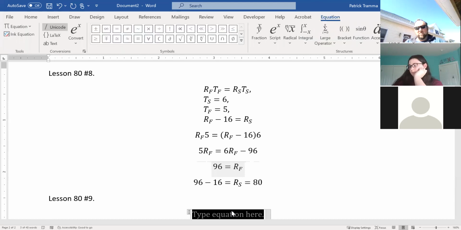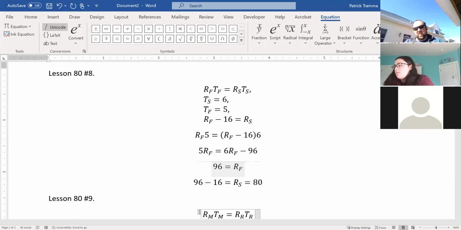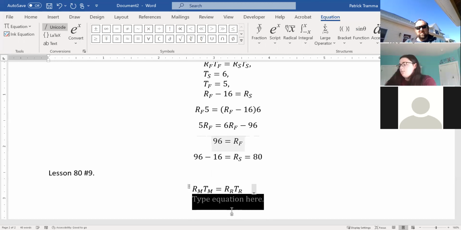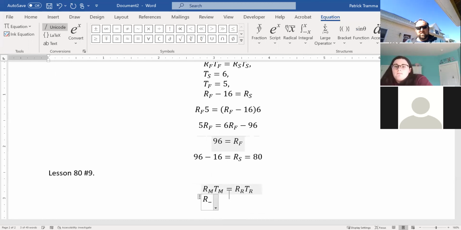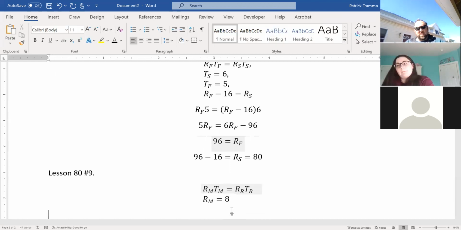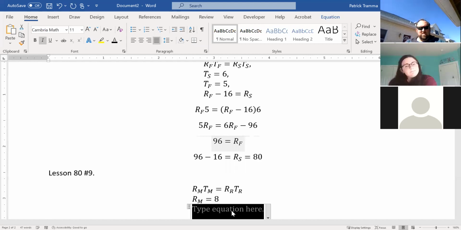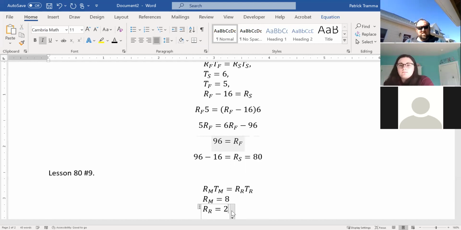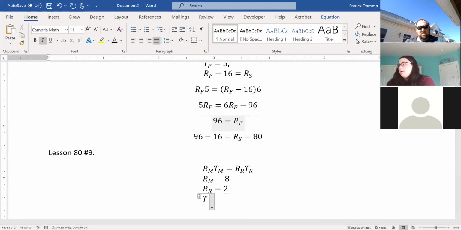So given R sub m times T sub m equals R sub R times T sub R. And R sub m equals 8, and R sub R equals 2, and T sub R equals 5 minus T sub m.